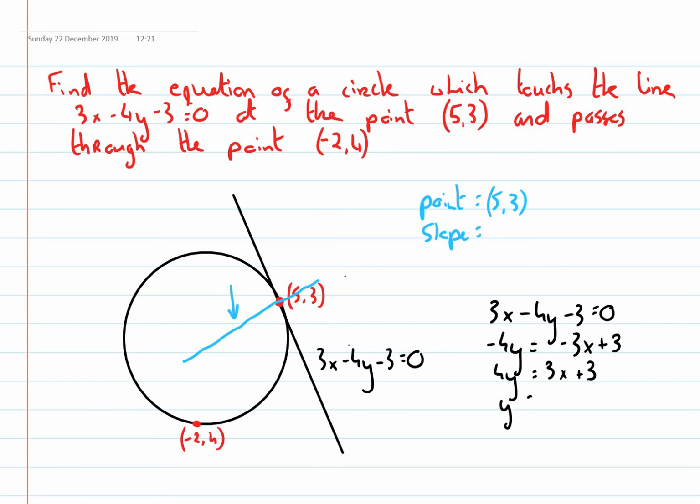Divide by 4, y equals 3 over 4 x minus 3 over 4. The slope of that tangent is 3 over 4. Flip it upside down, 4 over 3, and change one of the signs, and I have the slope of that line.